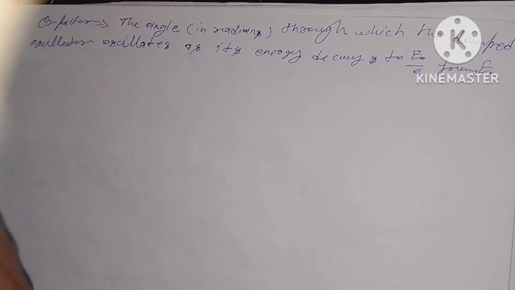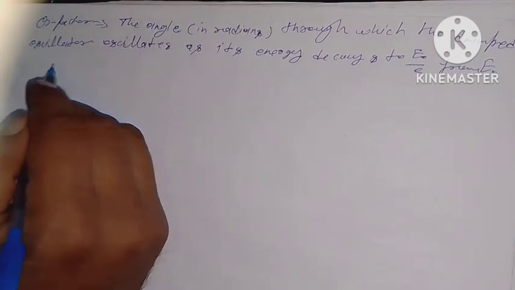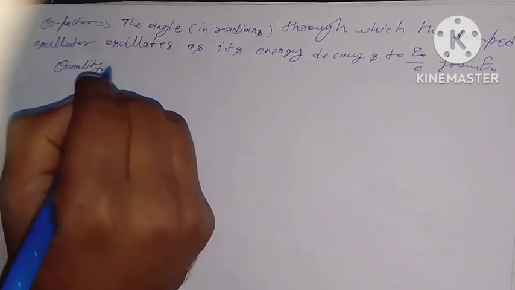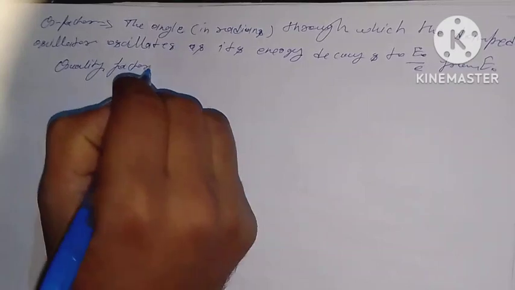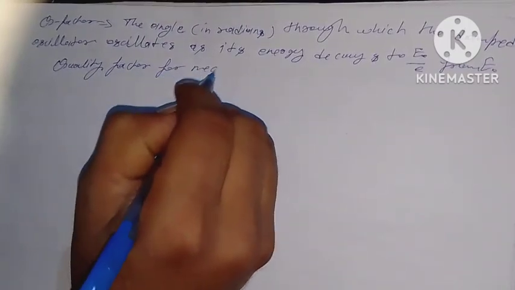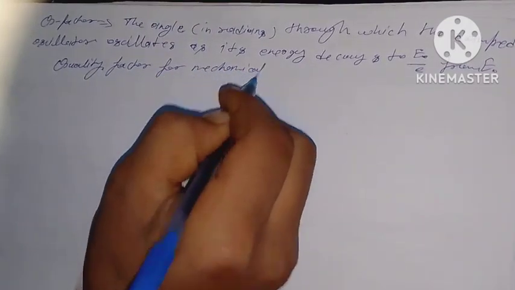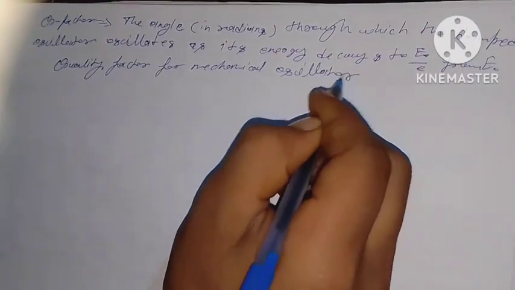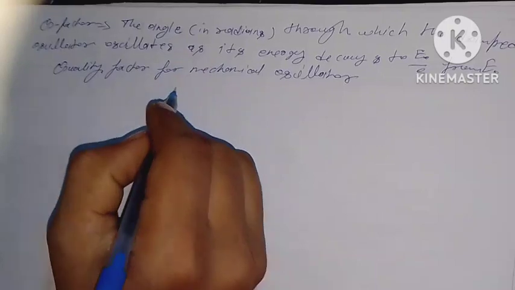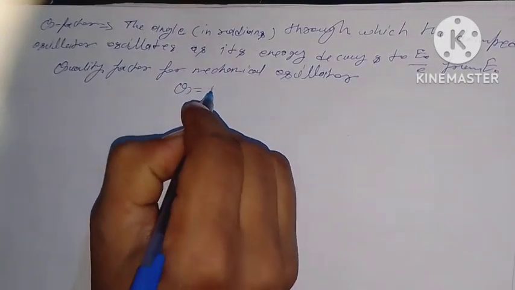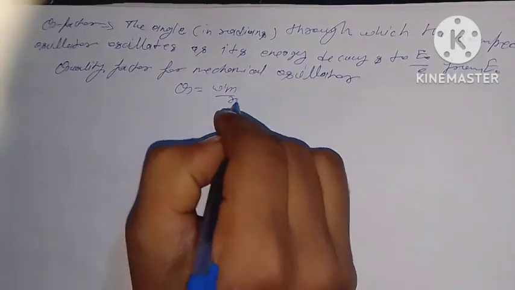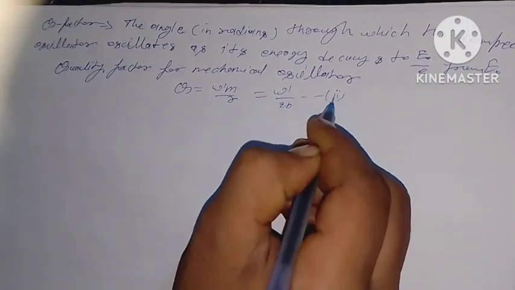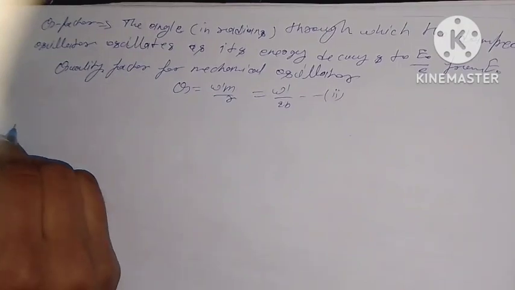Quality factor for a mechanical oscillator: Q equal to omega dash m by r, that is omega dash by 2b. Equation number second.